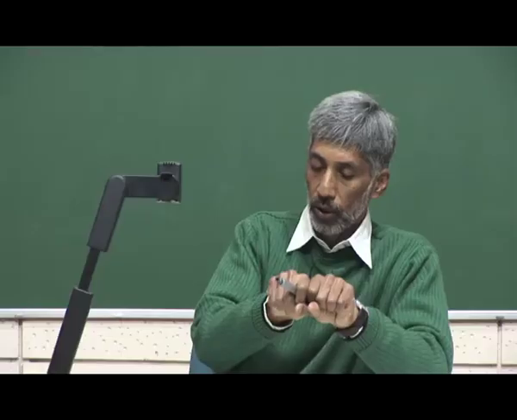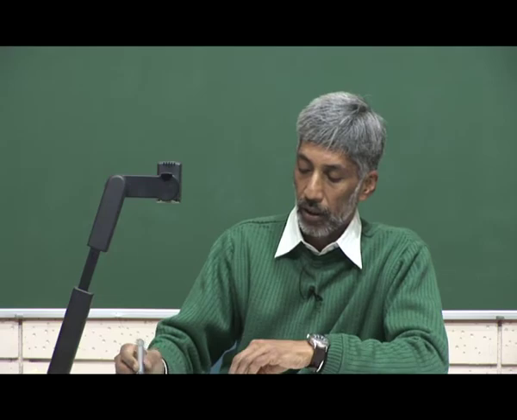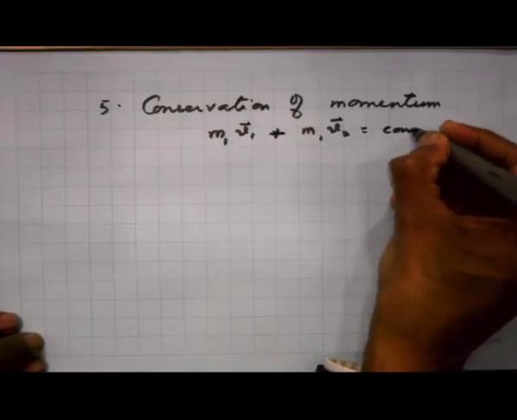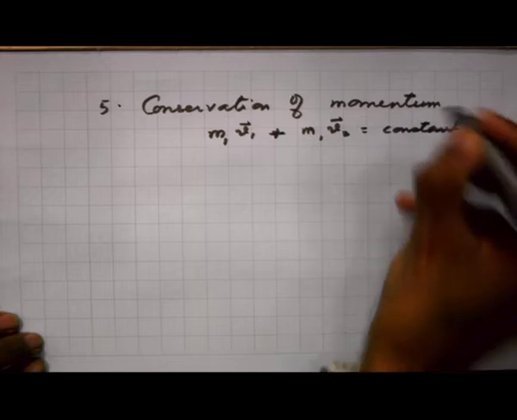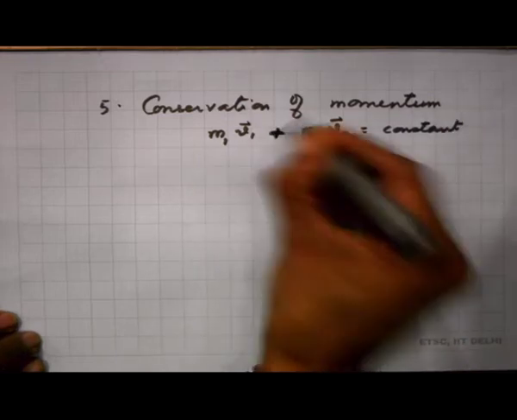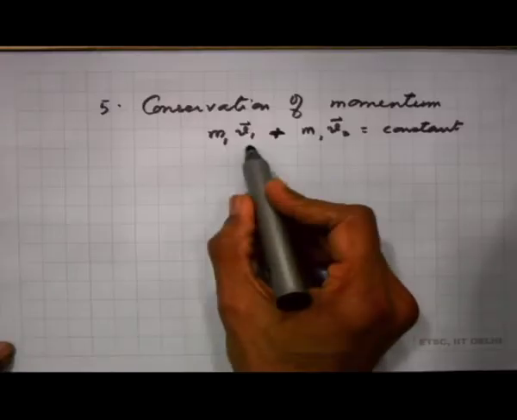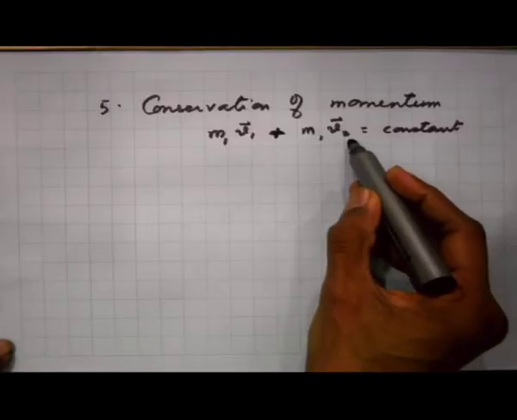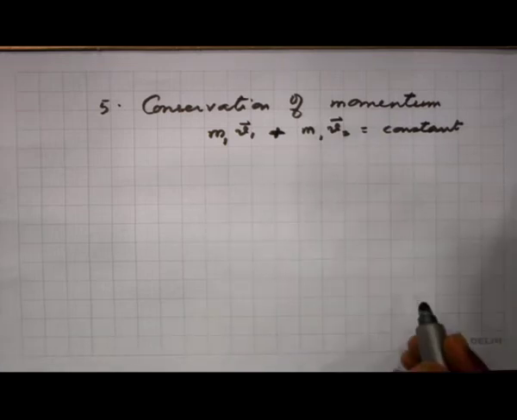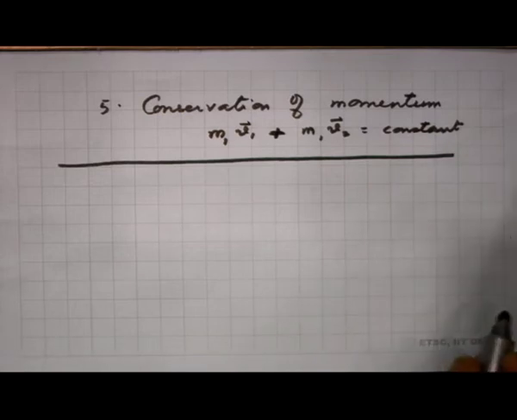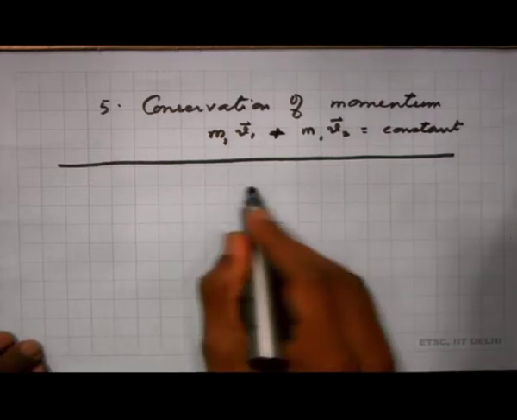If it underwent a collision, for example, this is a constant. Right? If molecules with velocity v1 and velocity v2 underwent a collision, we are saying that this is a constant. So, this might be a good point for us to stop and look at the things that we discussed in this model.